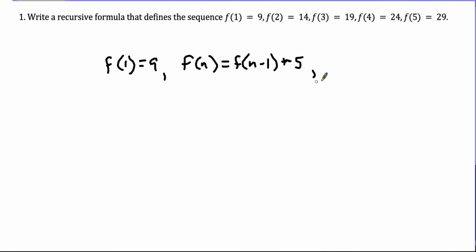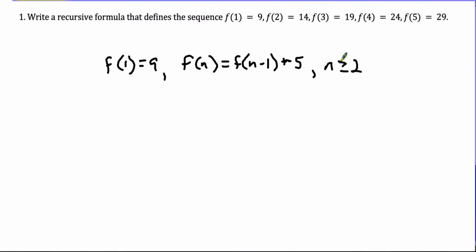The last part of my recursive definition is the domain. So if I'm given the first term, then to use my rule, I won't plug anything in until n equals 2.